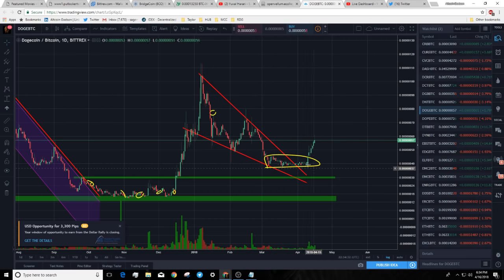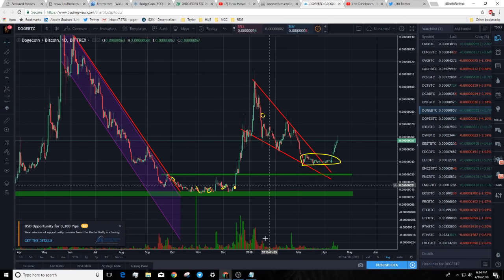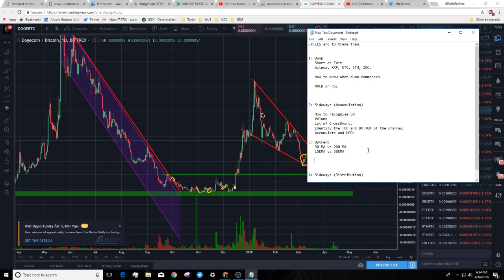It's going to break out at some point and resume its uptrend. And that would be the perfect time if you're not looking to buy the accumulation and hold, and you just want to enter an uptrend.